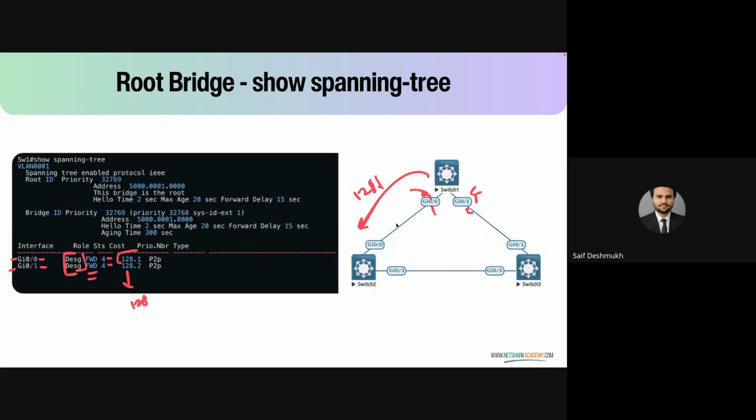On this side, 128.2 priority. These are the types of interfaces. You will generally see P2P interfaces as full duplex interfaces. In older days, we had a hub in between, which was used to run as a shared link. But this is a P2P link.